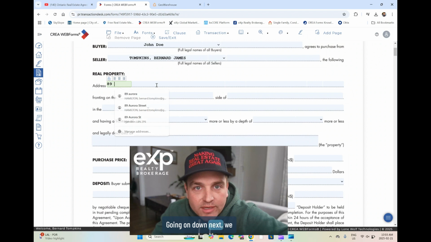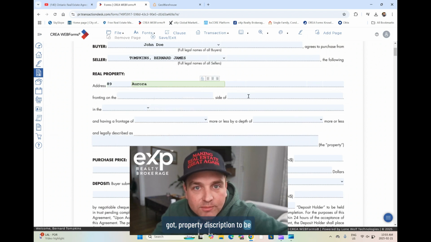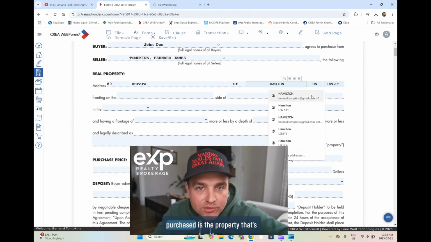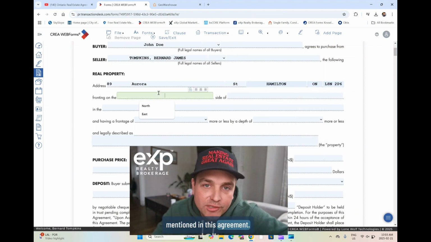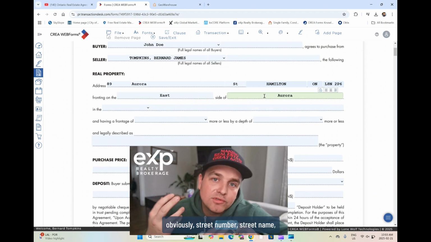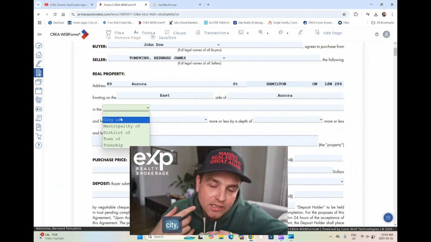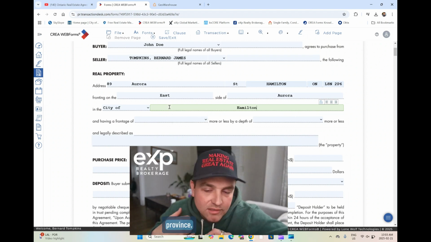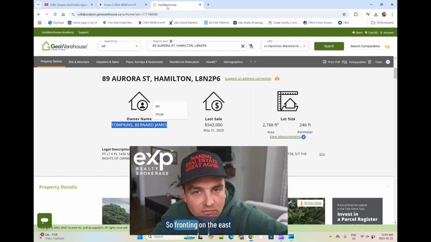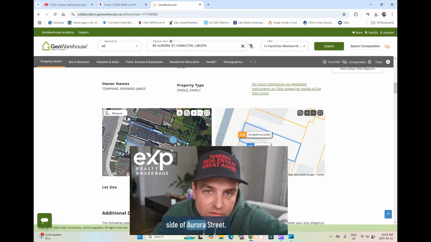Going on down next, we got a legal description of the property. So we want to make sure that the property being purchased is the property that's mentioned in this agreement. So they do that by street number, street name, city, province, postal code, and then they'll even go as far as saying fronting on, so fronting on the east side of Aurora Street.